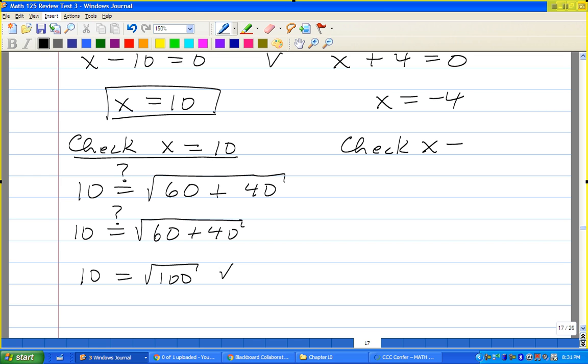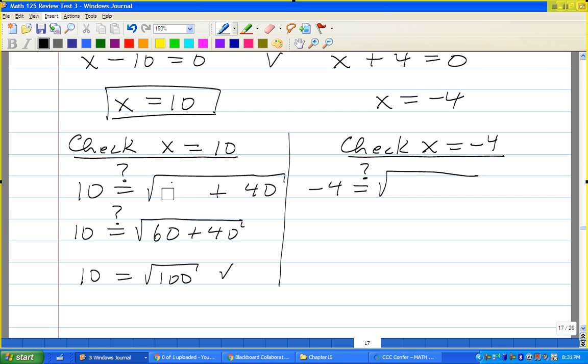Let's check if x equaling negative 4 works. So is negative 4 equal to the square root of, oh boy, I should have written that as 6 times 10. And so 6 times negative 4 plus 40.